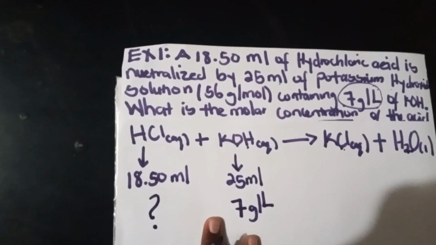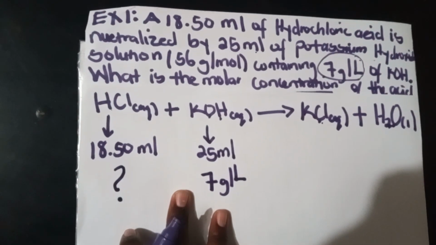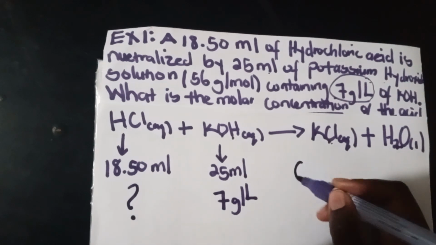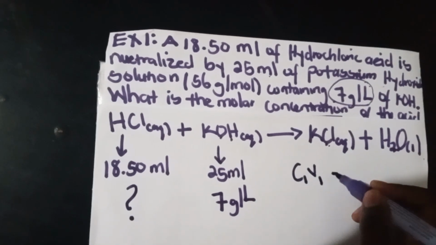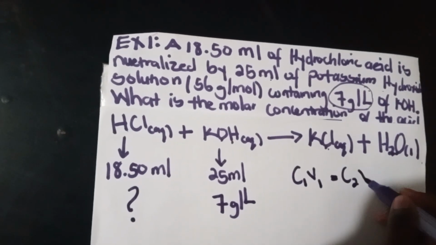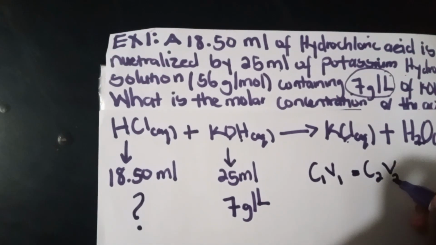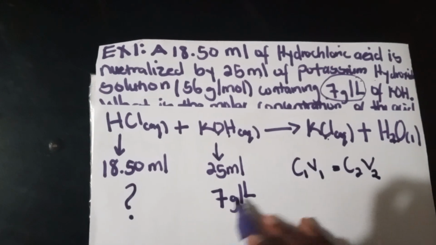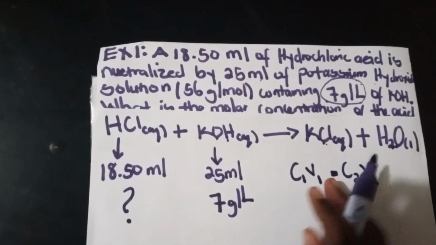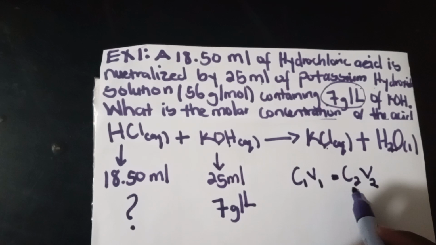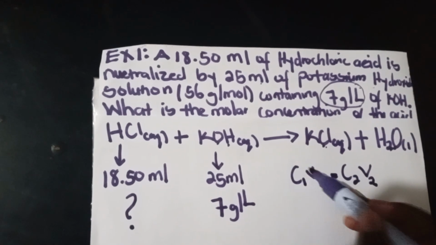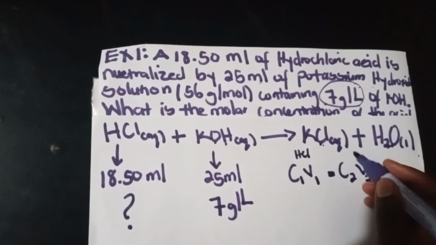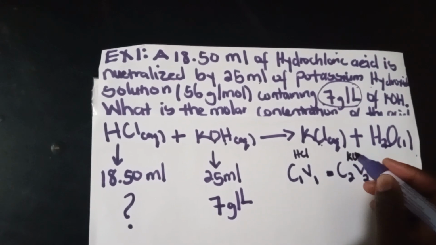So the next thing we will do is C1 V1 equals C2 V2. Since this is C1 V1 equals C2 V2, we can say this is for the acid, which is the HCl, and this is for the base, which is the potassium hydroxide.